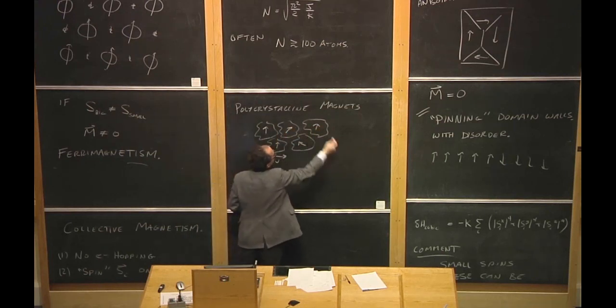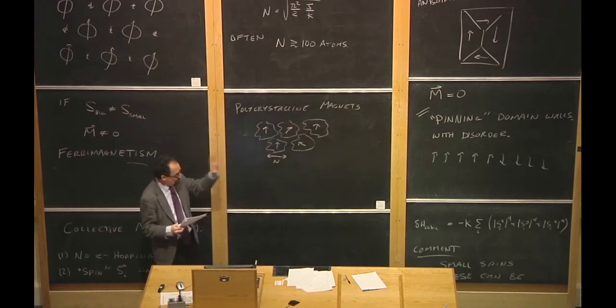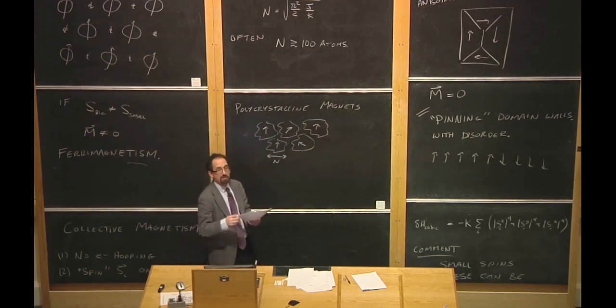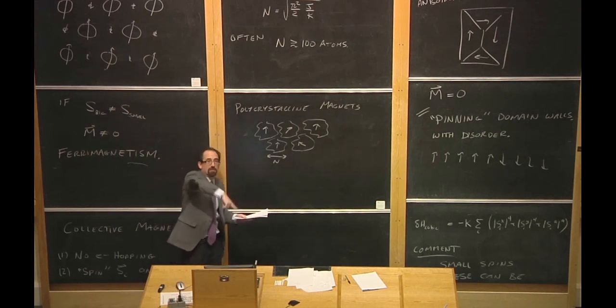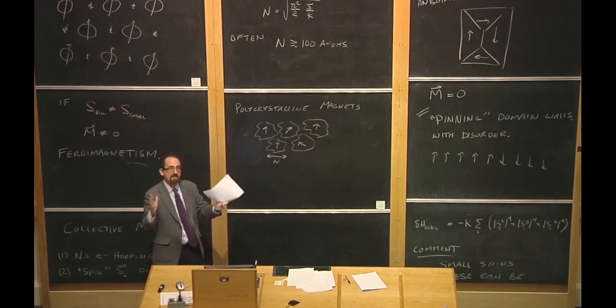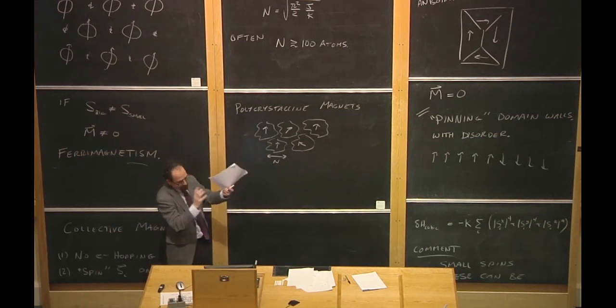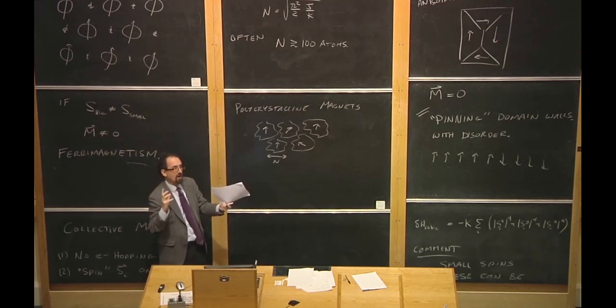Each crystallite can point in a different direction, but each crystallite has to be pointed only in one direction. The reason for this is that you don't have enough space within one crystallite to rotate the spin from one direction to another. It's too stiff. The coupling between neighbors is too strong to get the spins to rotate within one crystallite.